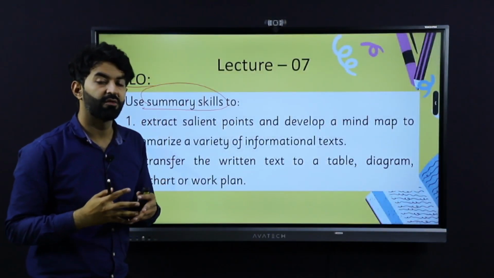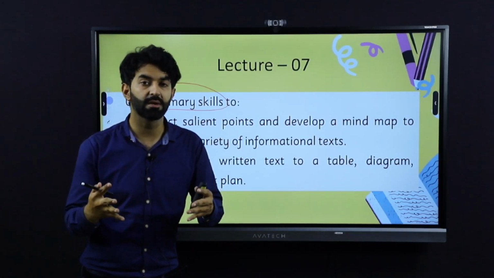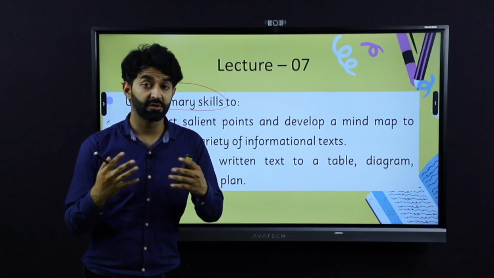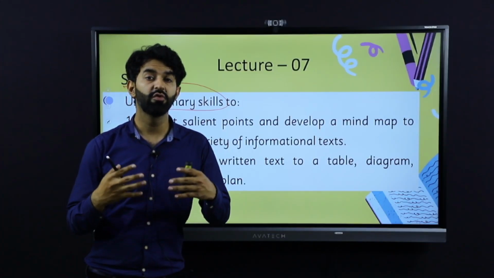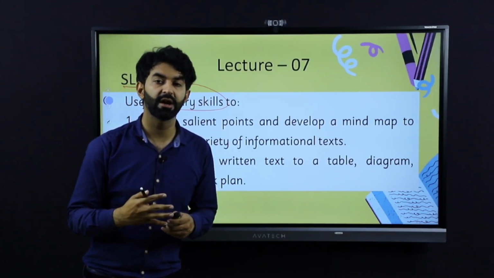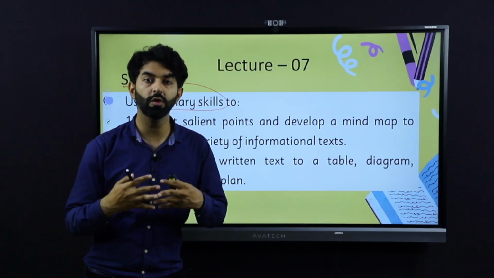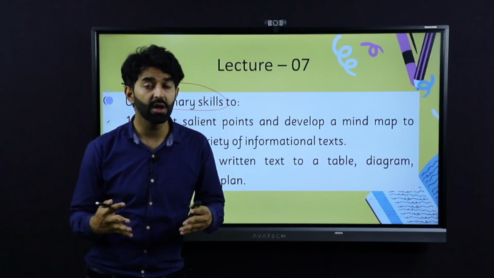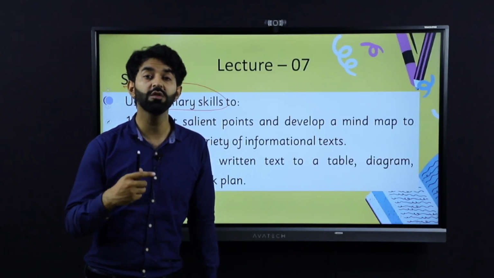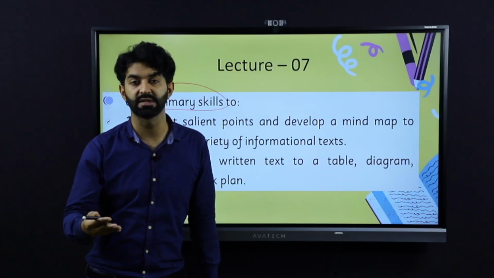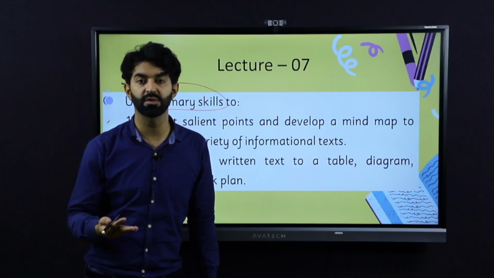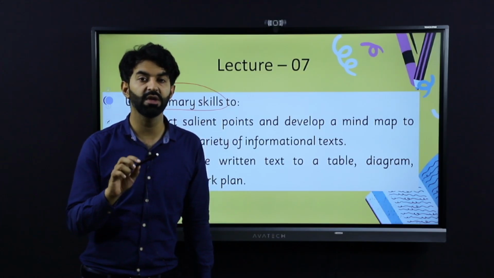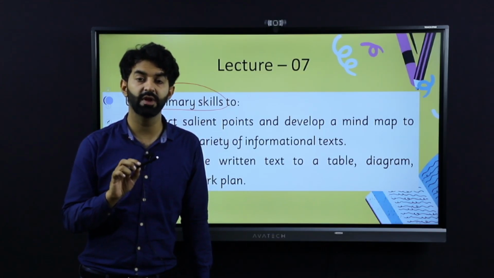We will use our summary skills when we are reading something, and as you already know, we read something and then we summarize that whole thing in our own words so that we can actually understand it better. And not only this, but we also make others understand it and also write something about it. So this is why we summarize any kind of text.